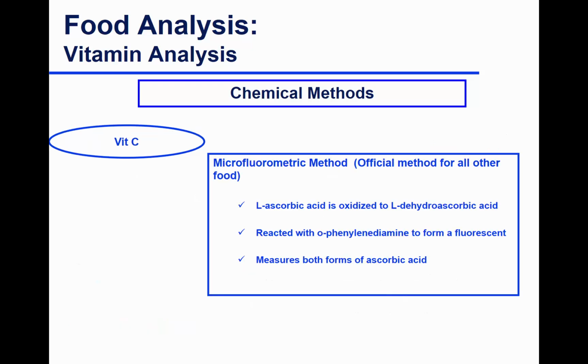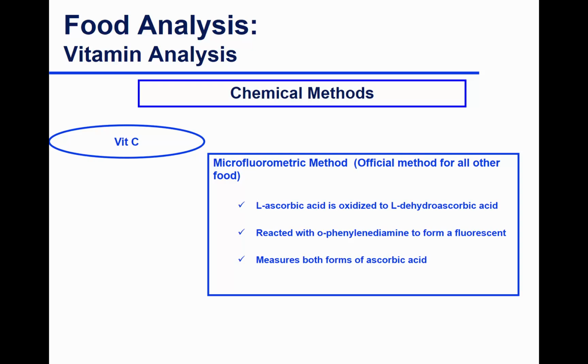Okay. There's another method that you can use to determine vitamin C, which is a microfluorometric method. In this method, you want to oxidize everything into dehydroascorbic acid. So you add an oxidizing agent to convert L-ascorbic acid to dehydro.